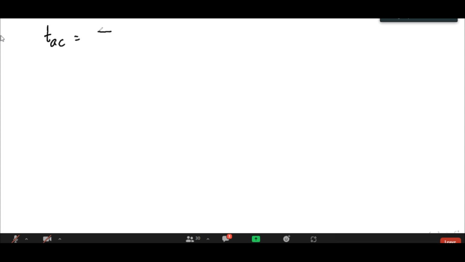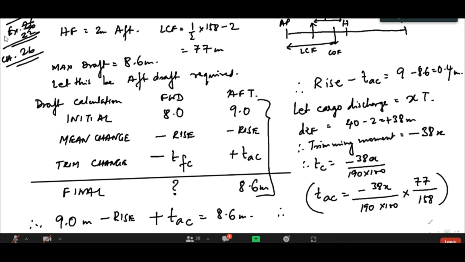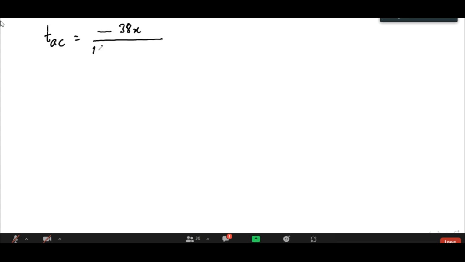PAC का value is minus 38x divided by 190, 100, 158. Right now, mean rise.